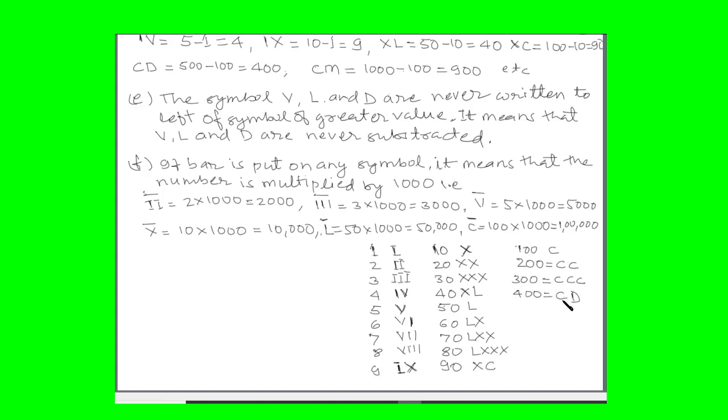D is 500 and C is 100. So 500 minus 100 is 400. 500 is D.